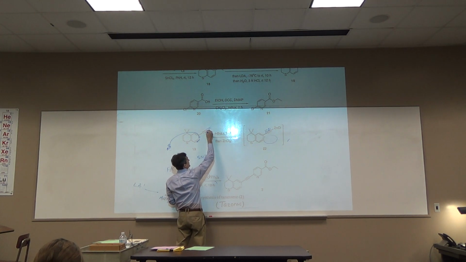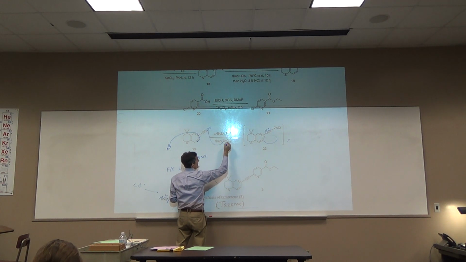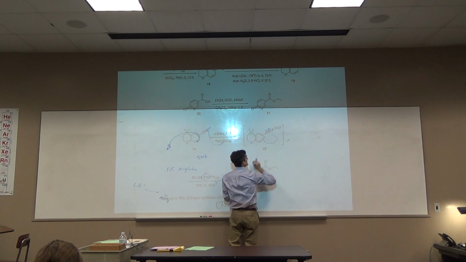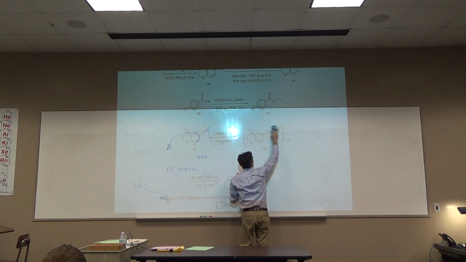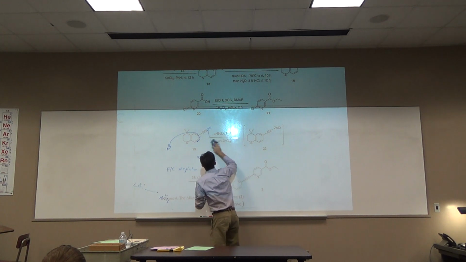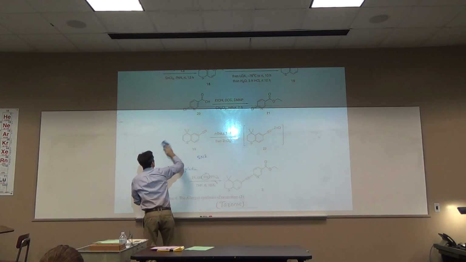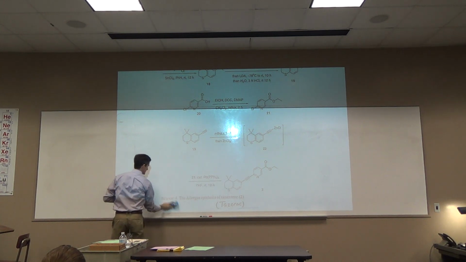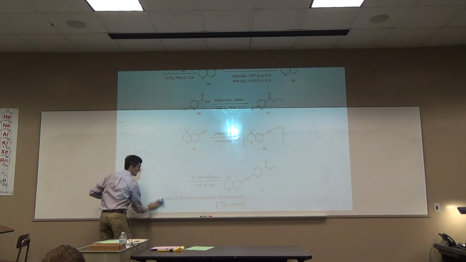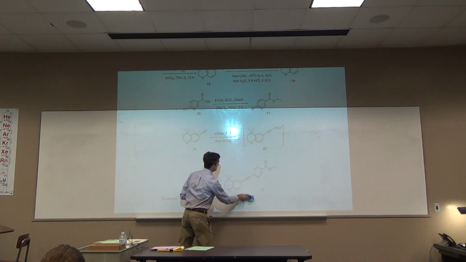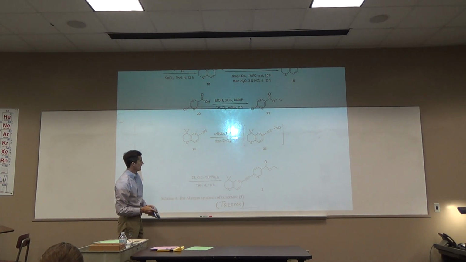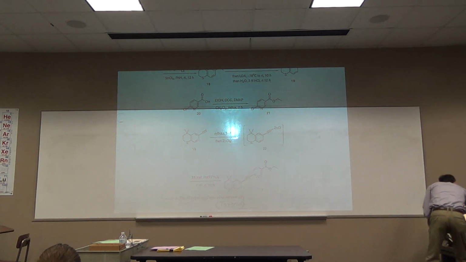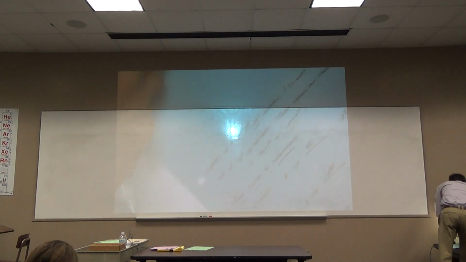And then that anion is reacting with the zinc and kicking off one of these chlorines, and that's how we get this carbon-zinc bond. So there's some examples of Friedel-Crafts there.